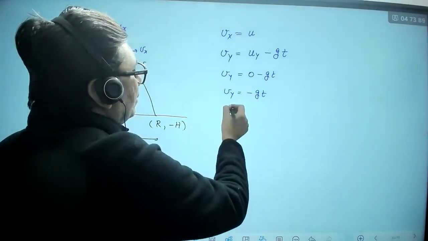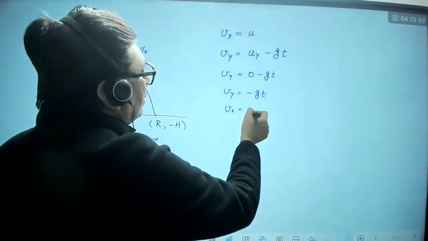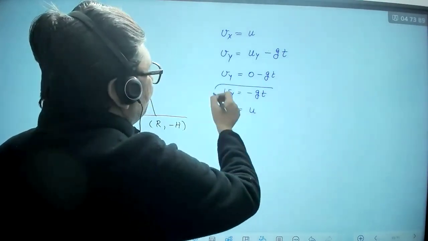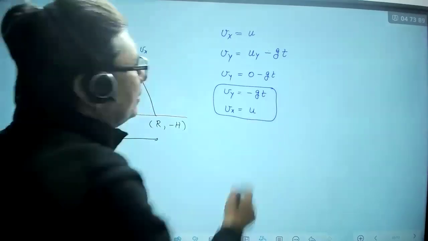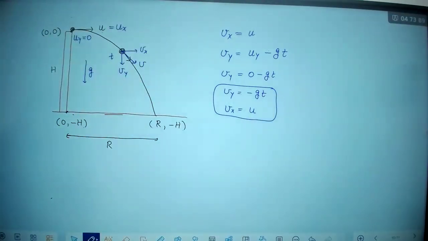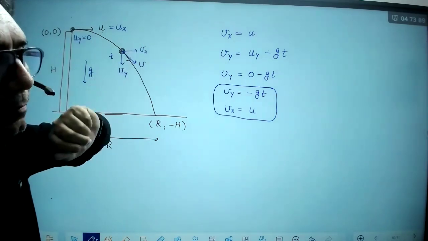And what will be vx? That will be u. In this way you are going to get the components in case you are launching the particle horizontally.